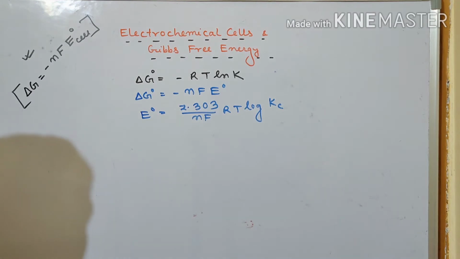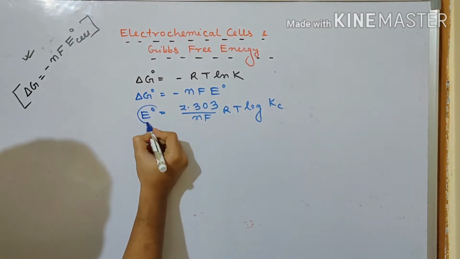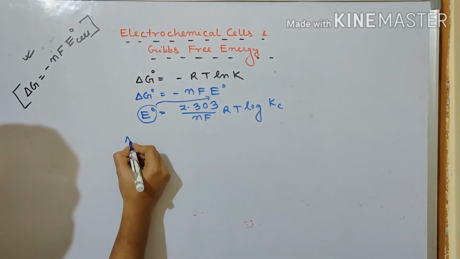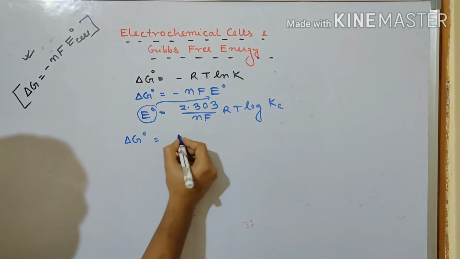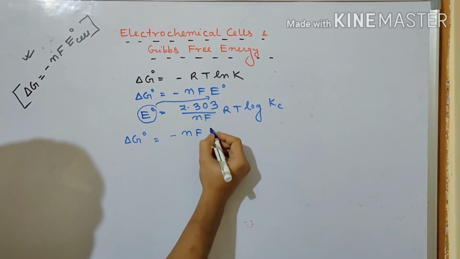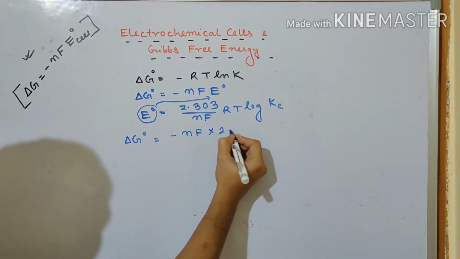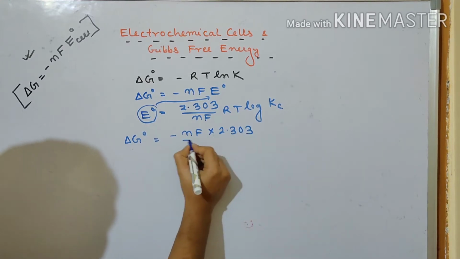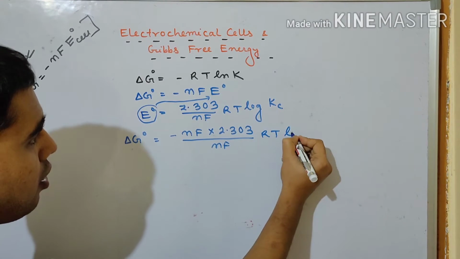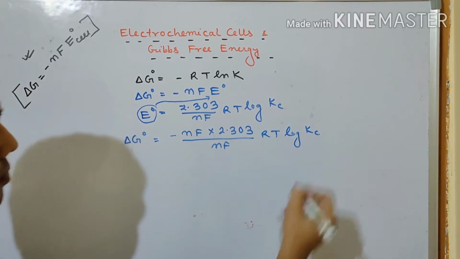So if I put this value here only, I will be getting delta G0 is equal to minus NF into 2.303 RT by NF log Kc.